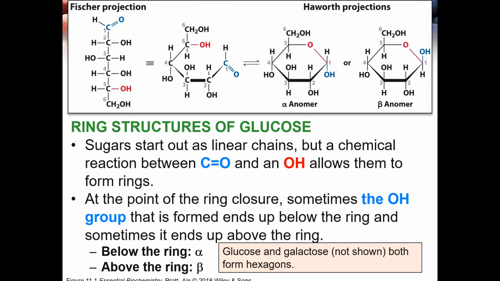So it's at the point of the ring closure. Here for glucose, the ring closes at carbon number 1. The other thing that we should point out is that glucose is being shown here. Galactose is not, but when glucose and galactose form 6-membered rings, they're usually drawn as hexagons in textbooks. That's not really what they look like, but that's usually how they're drawn.